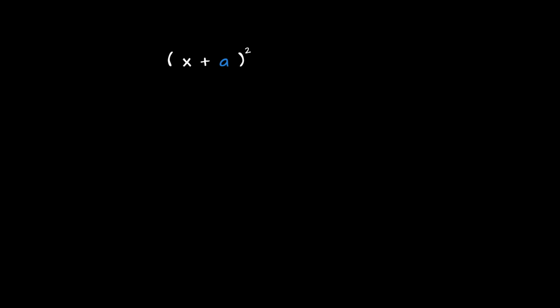So what we're going to do here is begin with a perfect square, x plus a squared, where a is just some arbitrary constant, and FOIL it out and see what we get. What we get, of course, is x squared plus 2ax plus a squared.